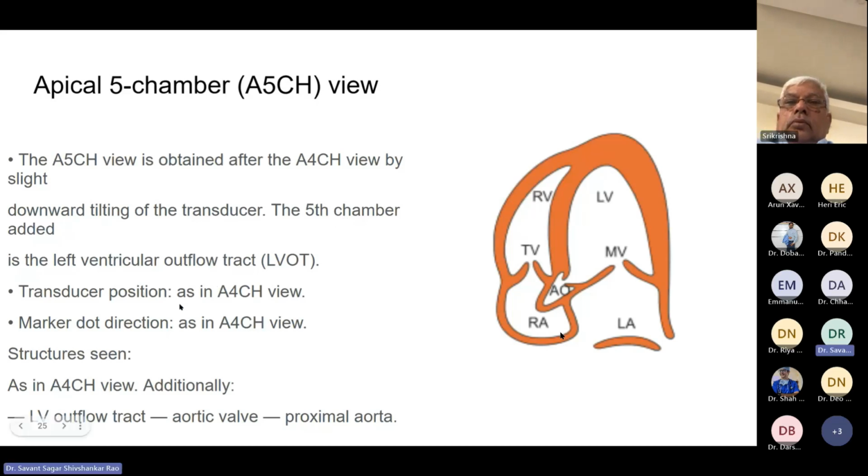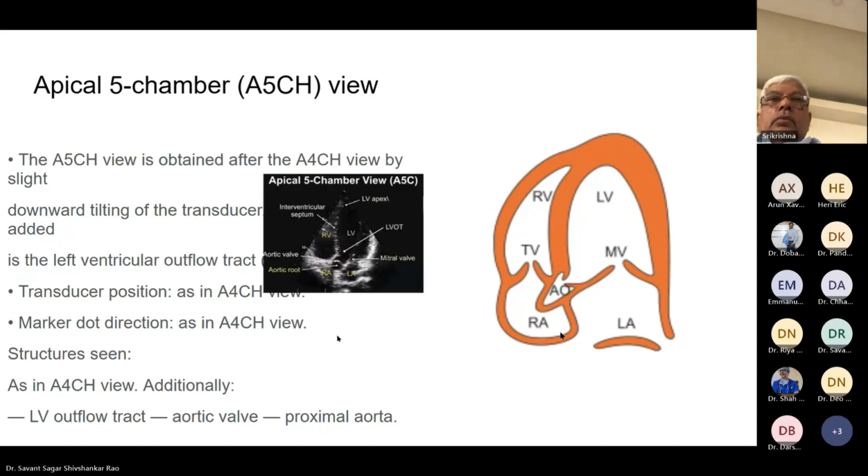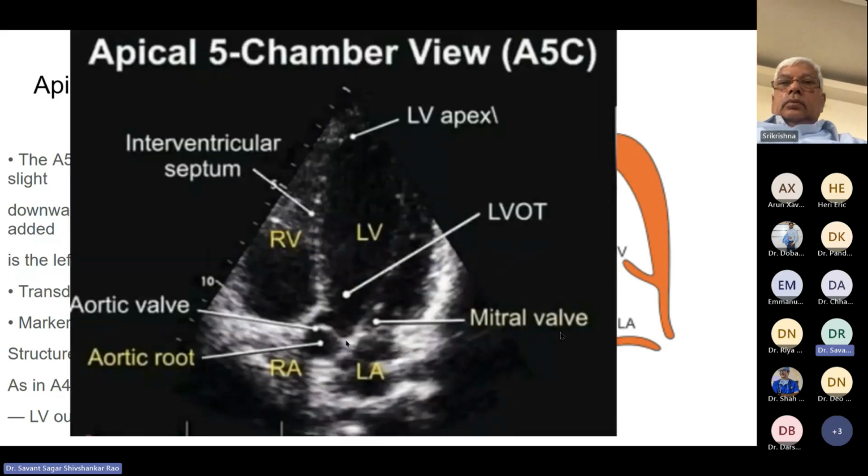The transducer is positioned as in the apical four-chamber view, and the marker is directed as in the four-chamber view. The structures we can see are the LV outflow tract, aortic valve, and proximal aorta. So this is the apical five-chamber view.